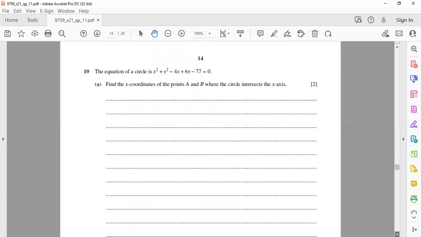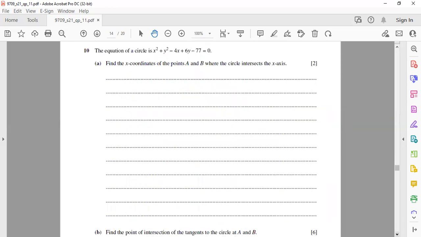So now let's move on to question number 10. So question number 10, we have the equation of a circle, which is x squared plus y squared is equal to this. First part, we need to find the coordinates of the points A and B where the circle intersects the x-axis. So we know that on the x-axis, y is always equal to 0.